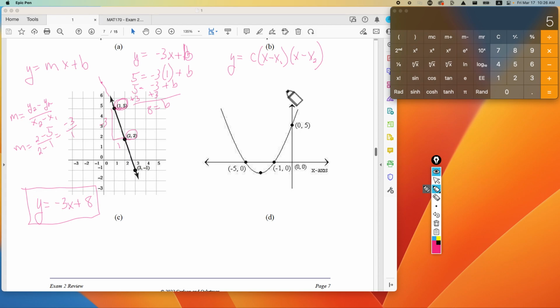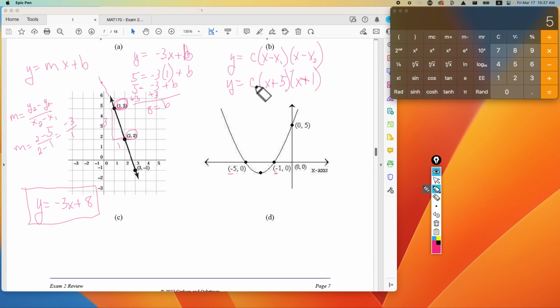So there's that formula we have. X1 is negative 5, x2 is negative 1. Those are the x coordinates. So we end up with y equals c times x minus negative 5, so that's minus a negative 5, which makes it a plus 5. And x minus a negative 1, negative, negative, make it a plus.